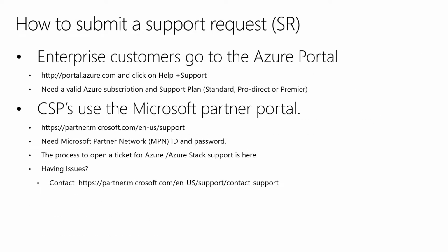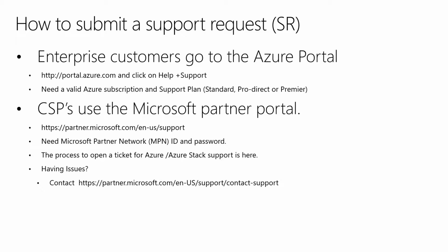So let's dig a bit deeper into how to submit a support request. Again, enterprise customers can go to the Azure Portal. They can go to portal.azure.com, click on Help and Support, and raise a support ticket for their Azure Stack problem.